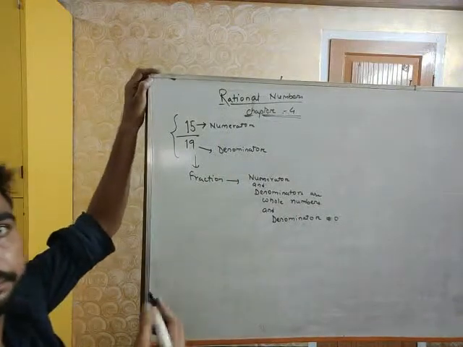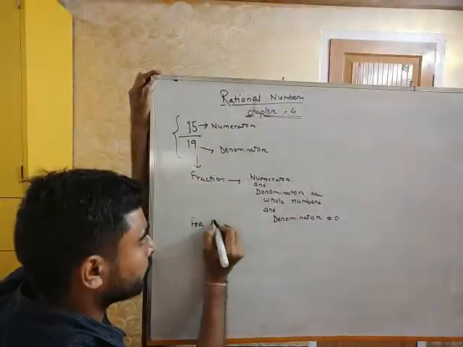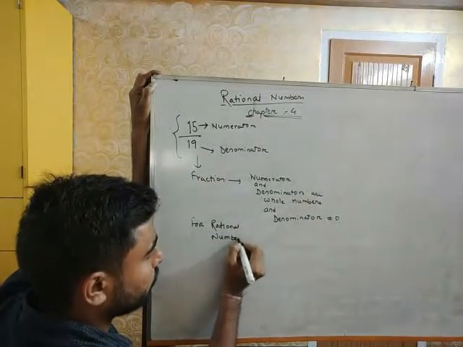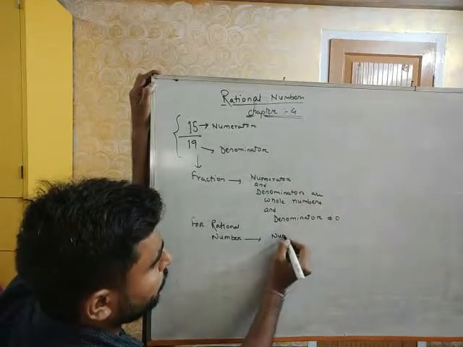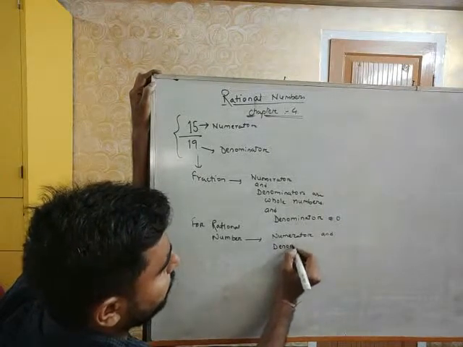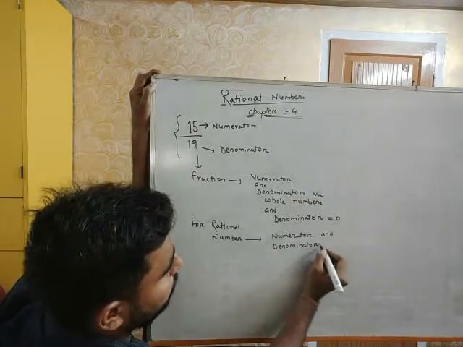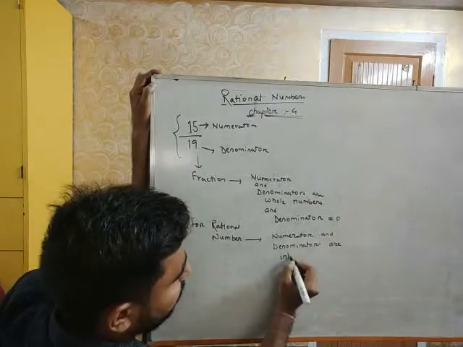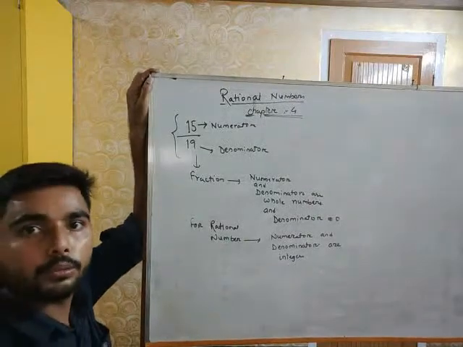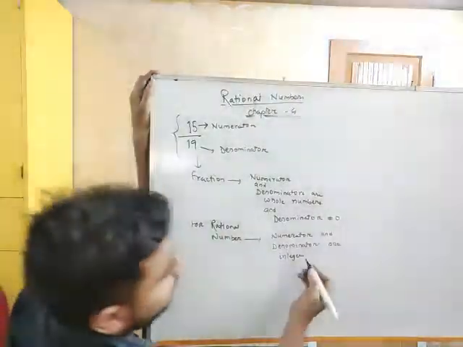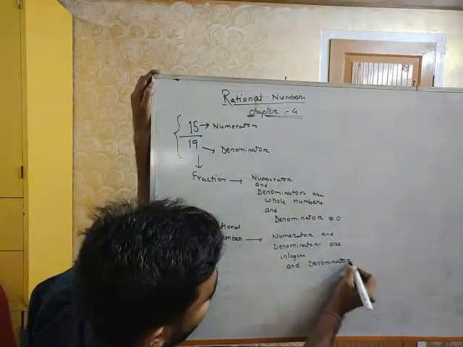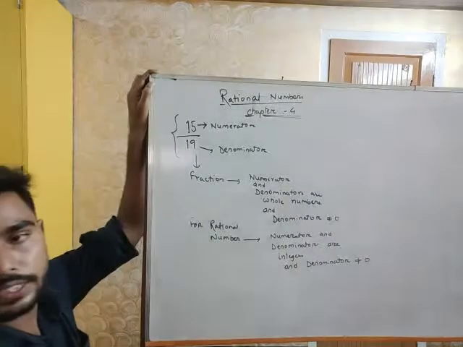For a rational number, the numerator and denominator are integers. The only difference is that they are integers, and the denominator is not equal to 0.